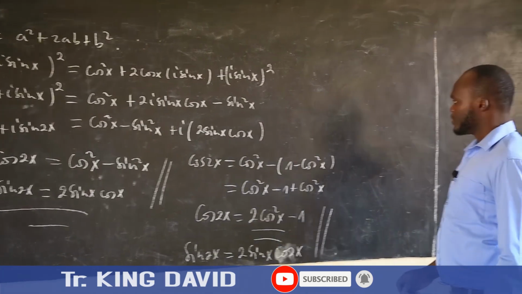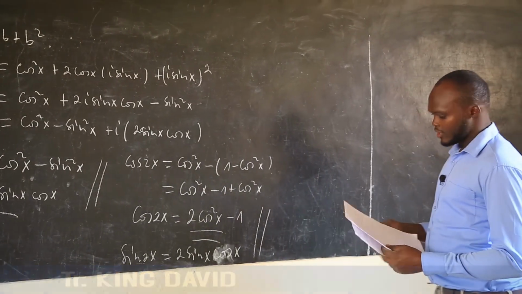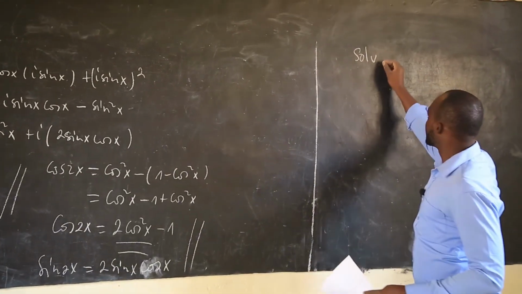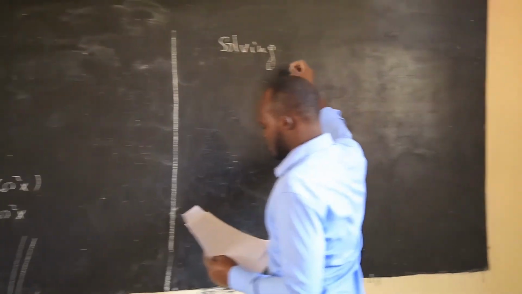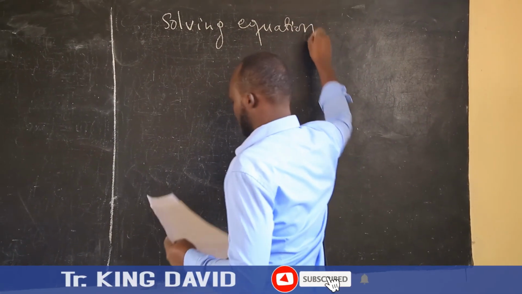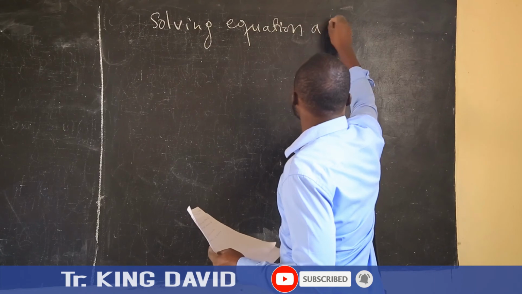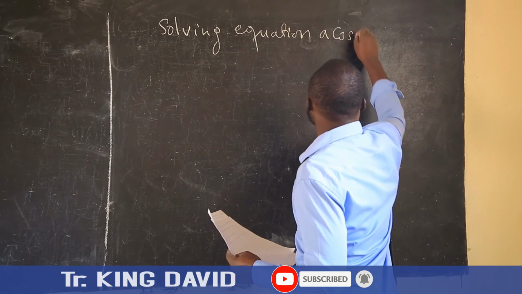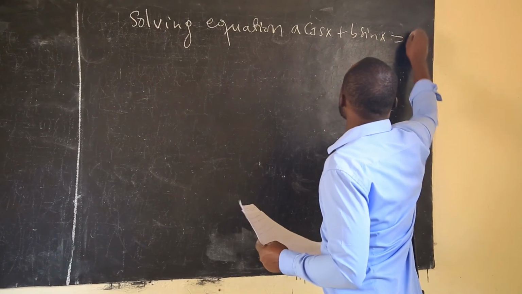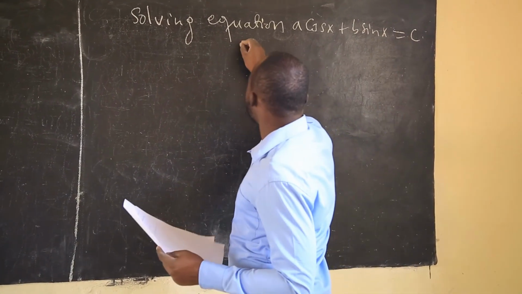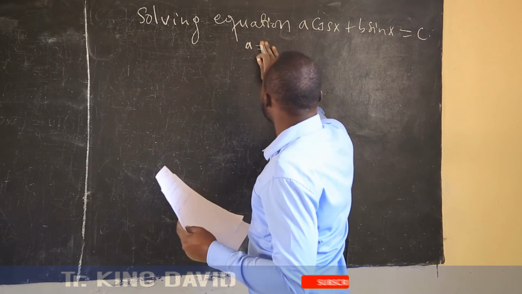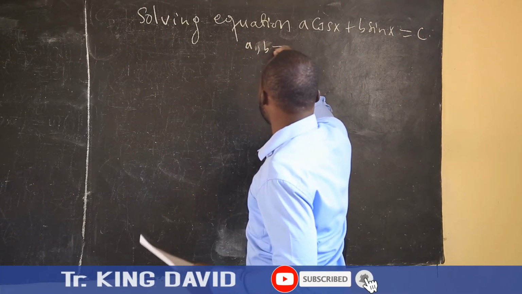Then from there we have how to solve the equation a cos x plus b sin x equal to c, where a and b are different from 0.